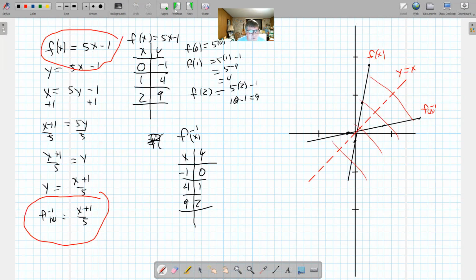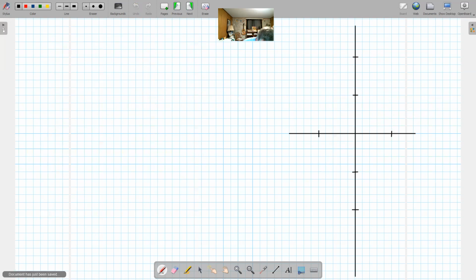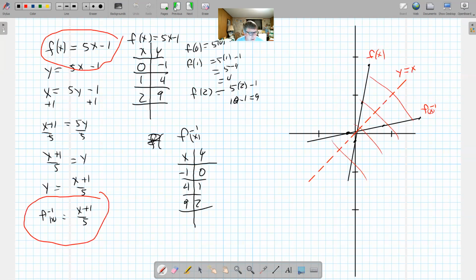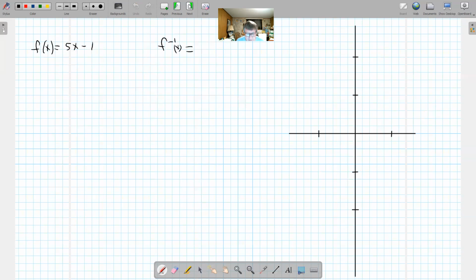So I got f of x equals 5x minus 1. And then f inverse of x equals x plus 1 over 5.